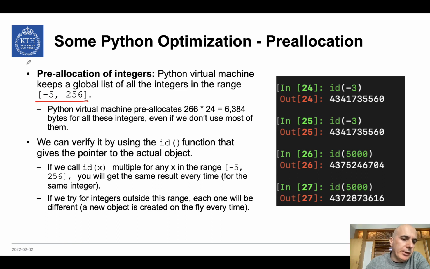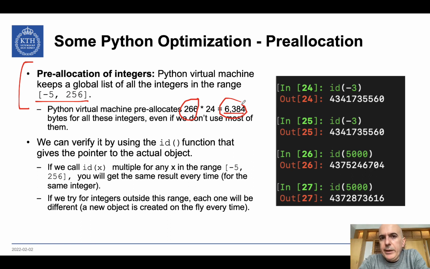So Python pre-allocates them. That also means that whenever we start the Python virtual machine, we are using basically 6 kilobytes for 266 elements, and we store these bytes even if we might not use them.